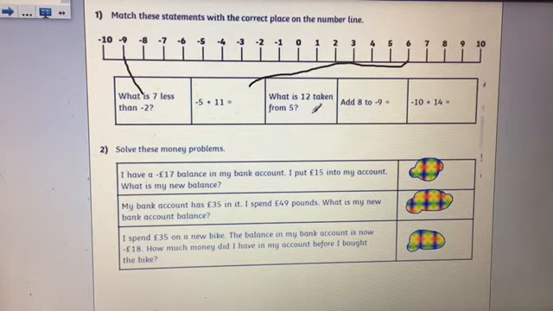What is 12 taken from 5 would be minus 7. And add 8 to minus 9 would be minus 1. And minus 10 plus 14 would be 4.